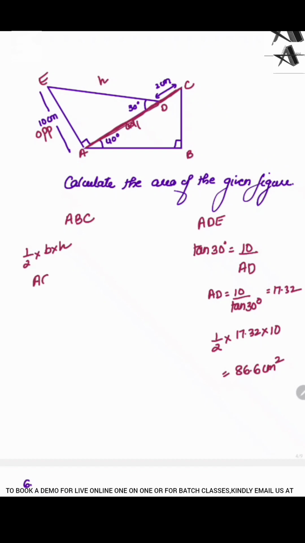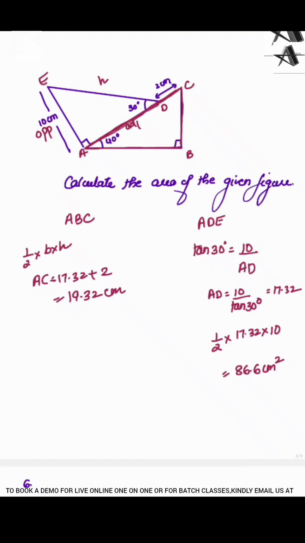AC is what? 17.32 plus the 2 centimeters which is already given in the question. Gives me 19.32 centimeters. If I focus on this triangle only, ABC, I have one angle and the hypotenuse. What I need is to calculate base and height, that is opposite and adjacent both.